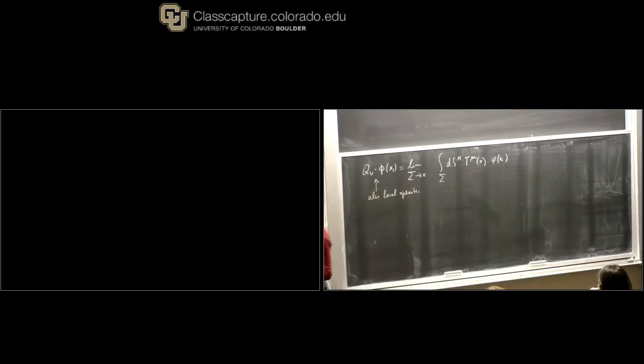And so now I'm going to state it as an assumption. So what do I mean by this phrase that T mu nu generates translations? By this I mean that q nu times phi of x equals d mu phi of x for any phi. That's my assumption.